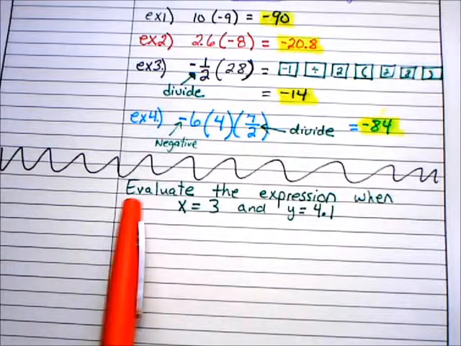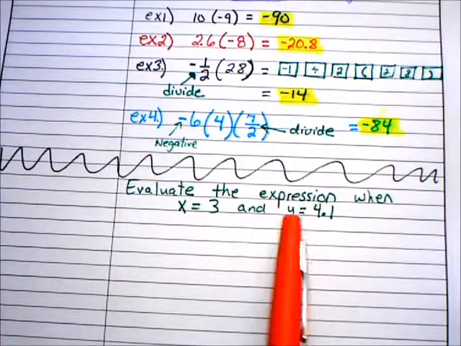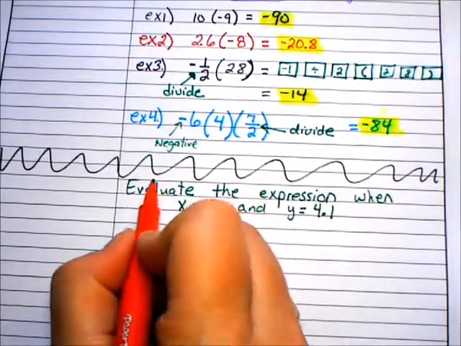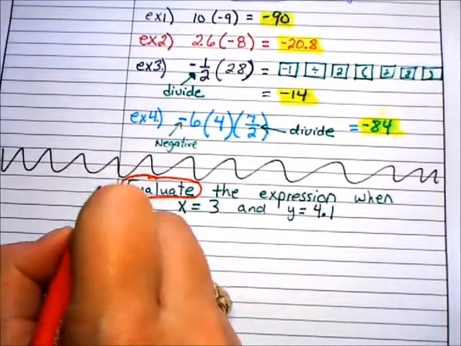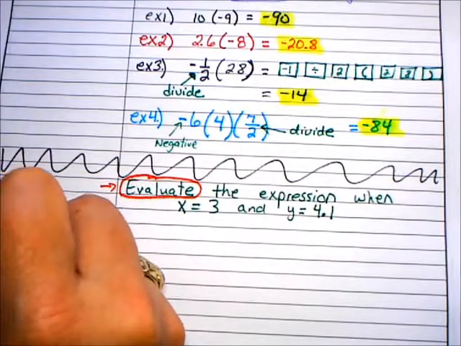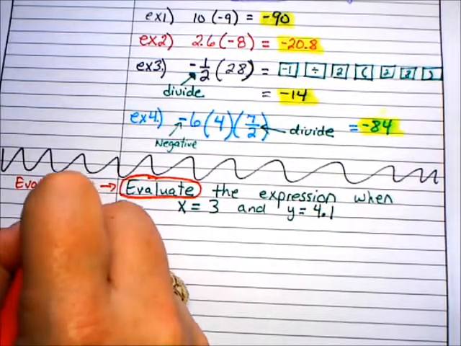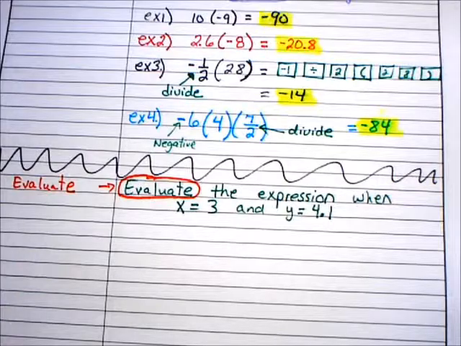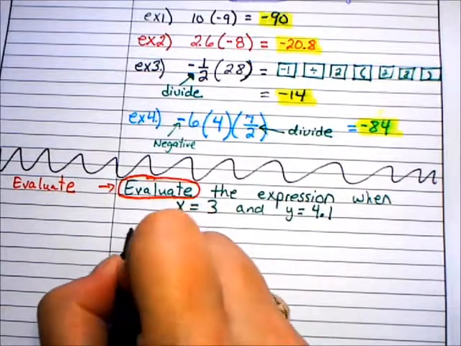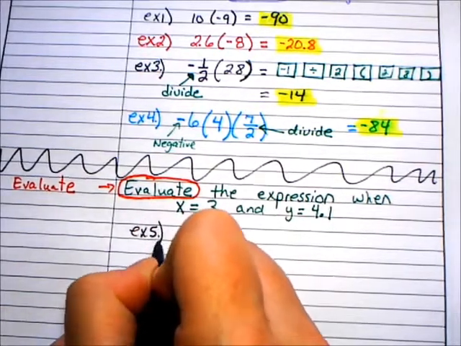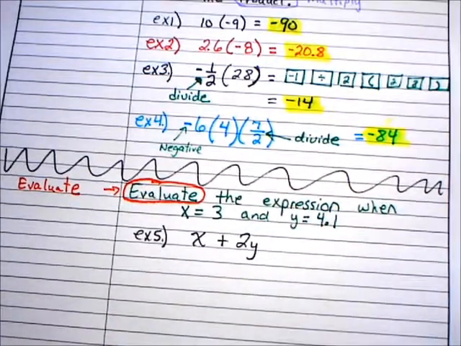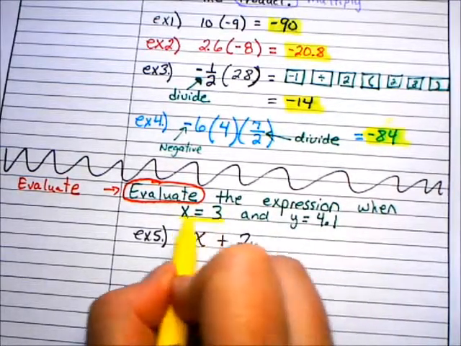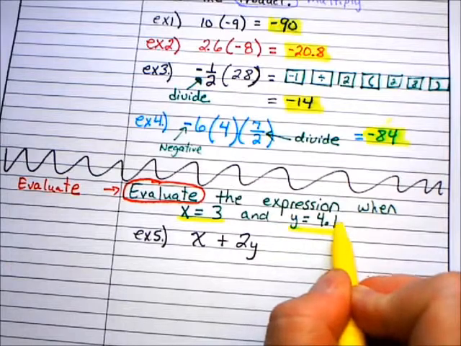Alright, this says we're going to evaluate the expression when x is 3 and y is 4.1. This word evaluate, we've got to know what that means we are doing. So if I'm looking at the word evaluate, and also if I tie in my next expression that they give me, which is x plus 2y, and I also see that they have given me that x is 3 and y is 4.1.